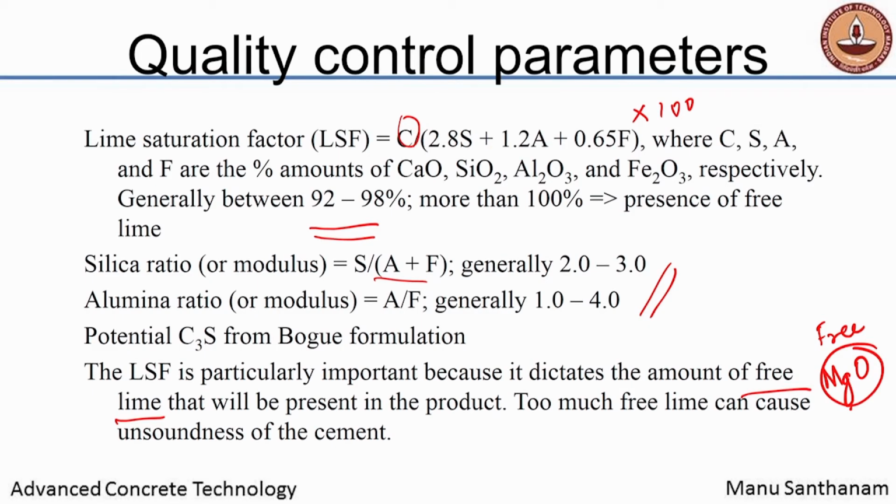And then the potential C3S from the Bogue formulation is very important, because again as I told you earlier, modern cements have to be rich in C3S to ensure that we have a high early strength gain. So what is the level of C3S that you think is typically there in cement? About 50% at least.